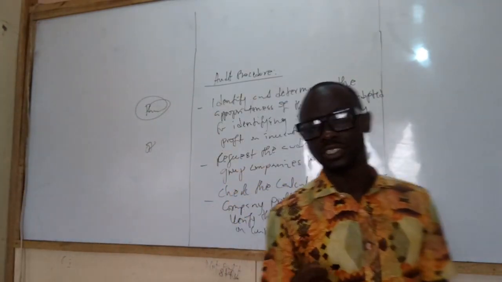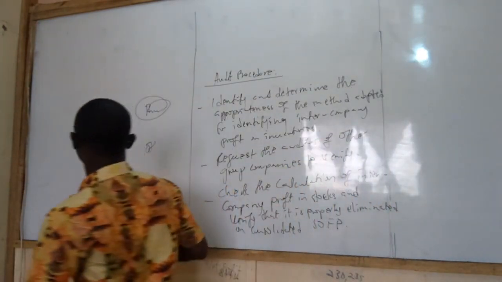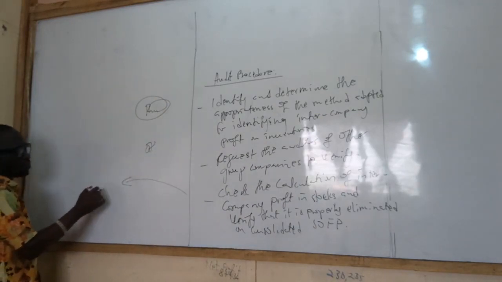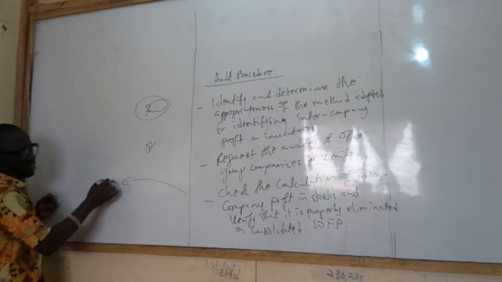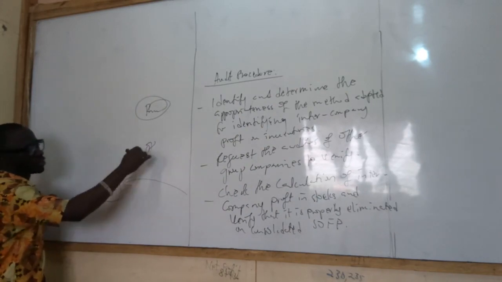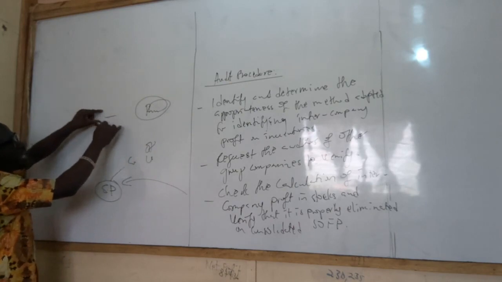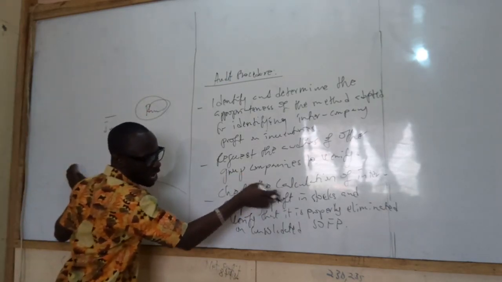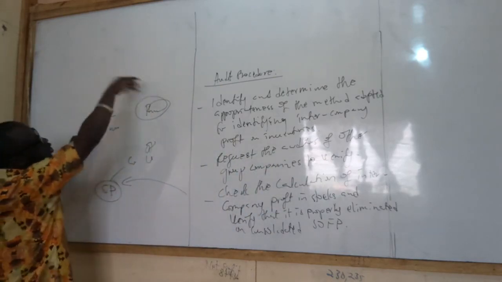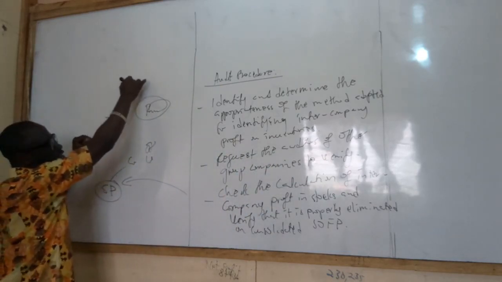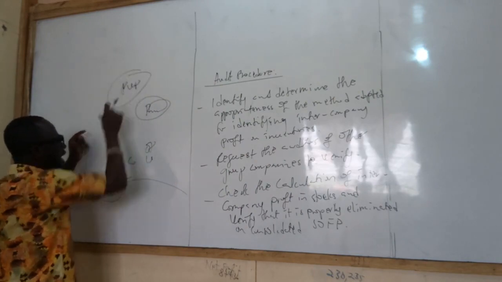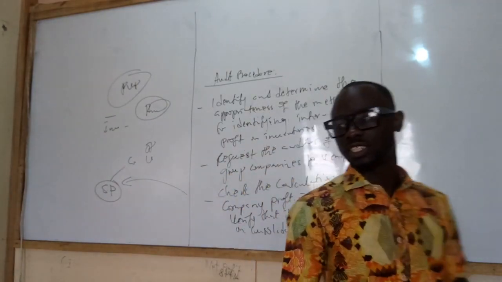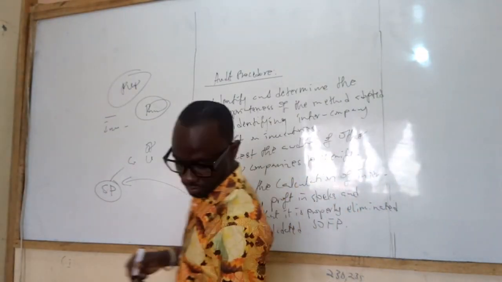You see, when there is unrealized profit, that means the person buying the goods will be carrying the inventory at their selling price, isn't it? So if you remember consolidation, if there is unrealized profit, we subtract it from the inventory figure on the consolidation. So when we are doing that, we need to check the calculation. So how much in totality is the provision for unrealized profits, PUP? Then at the end of the day, did they eliminate it from the inventories when they are preparing the consolidated financial statement? We need to consider that.